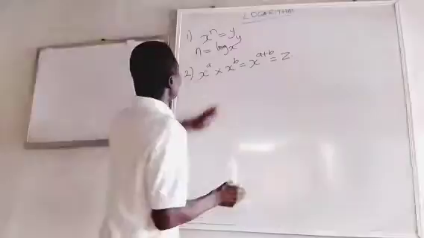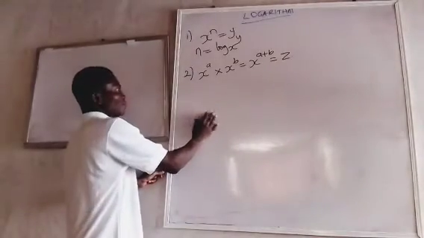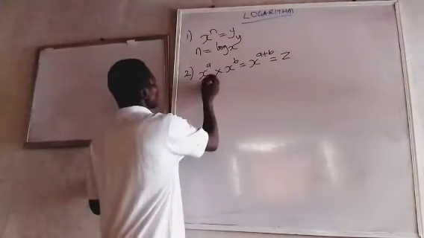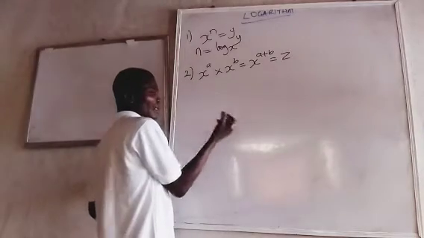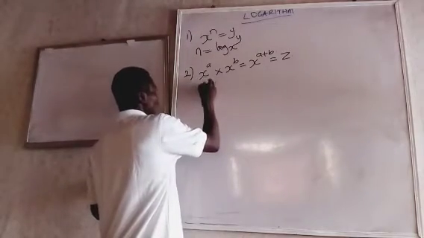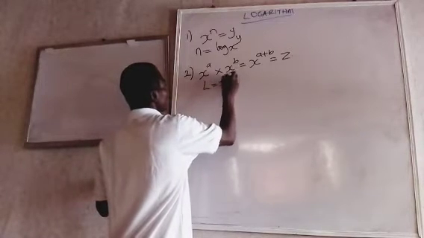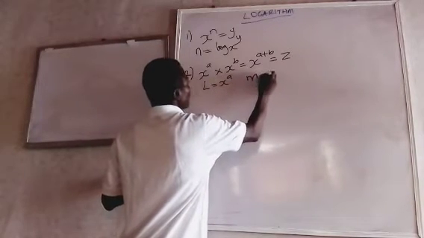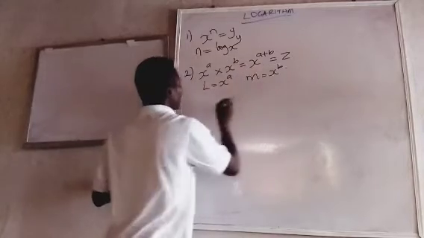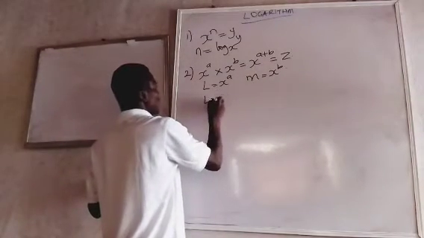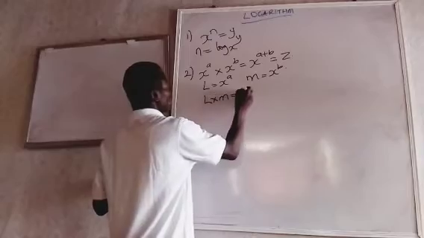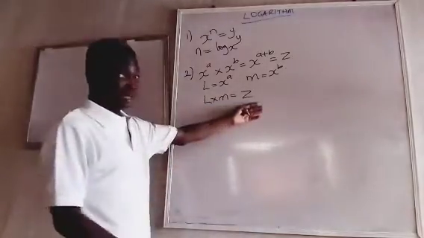So let's make this one L, and n equals x raised to the power b. Therefore, L times n is equal to z. You can see that.